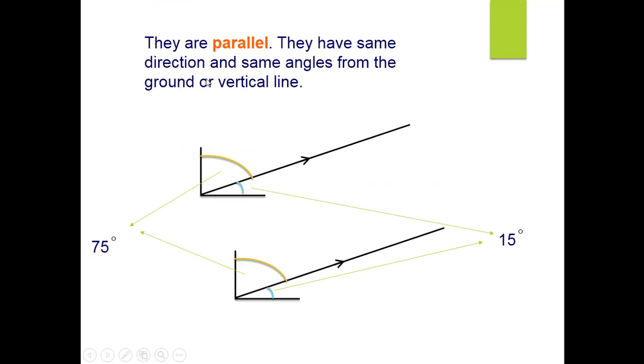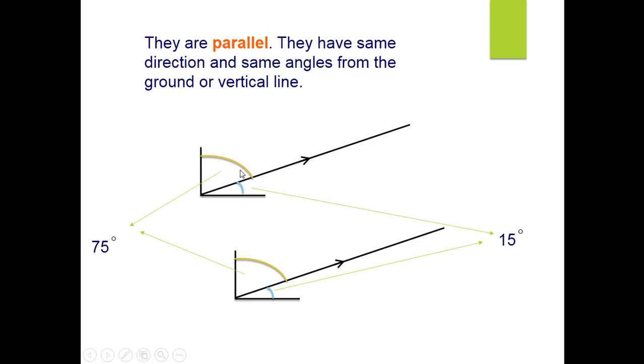So what does it mean when I say they have the same angles from the ground or vertical line? Now let's make two lines. Let's make this line horizontal and the other one vertical. The same thing for the other line. When I measure the angle of this line to the horizontal line, the angle will be the same as the angle of the other line.